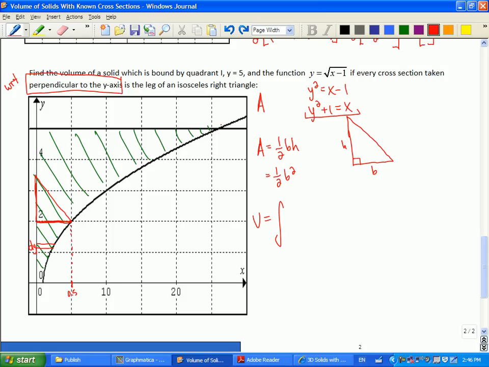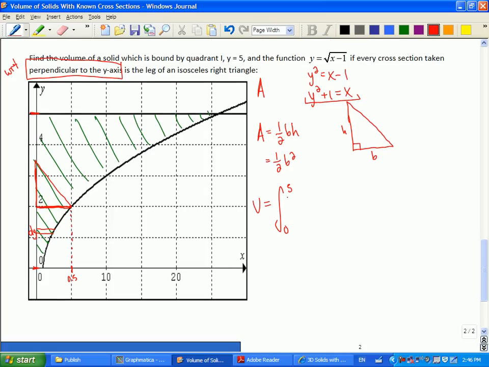Those are in terms of x. Our bounds go in terms of y, which is from 0 to 5. And we have 1/2. Our base is going to be this here, y squared plus 1. And times the height, it's the same thing. So this would be what I can use to get my volume.